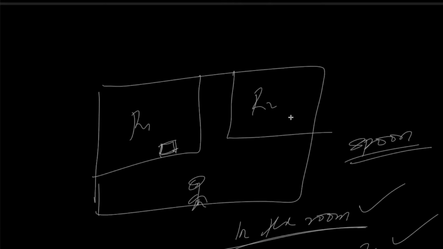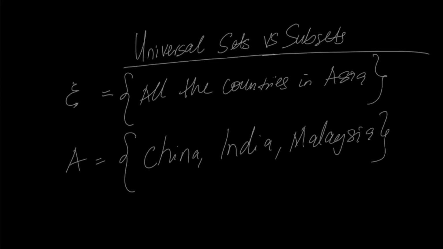All this is understood. Universal set versus subset: what is the difference? This symbol is used to represent the universal set. For instance, all the countries in Asia; you agree with me that China, India, Malaysia, you will find them in Asia. Why is this important? Maybe you have a study you want to do for all the countries in Asia, because these are the countries under consideration.